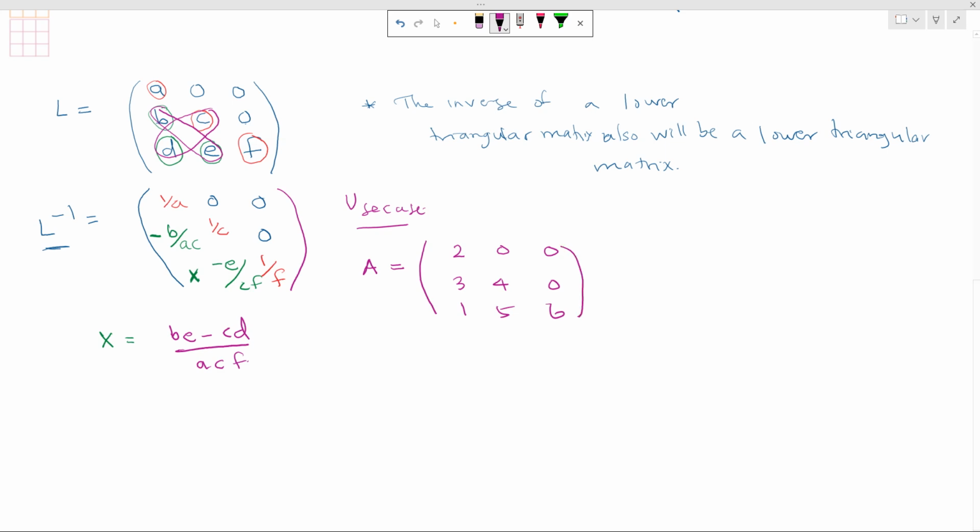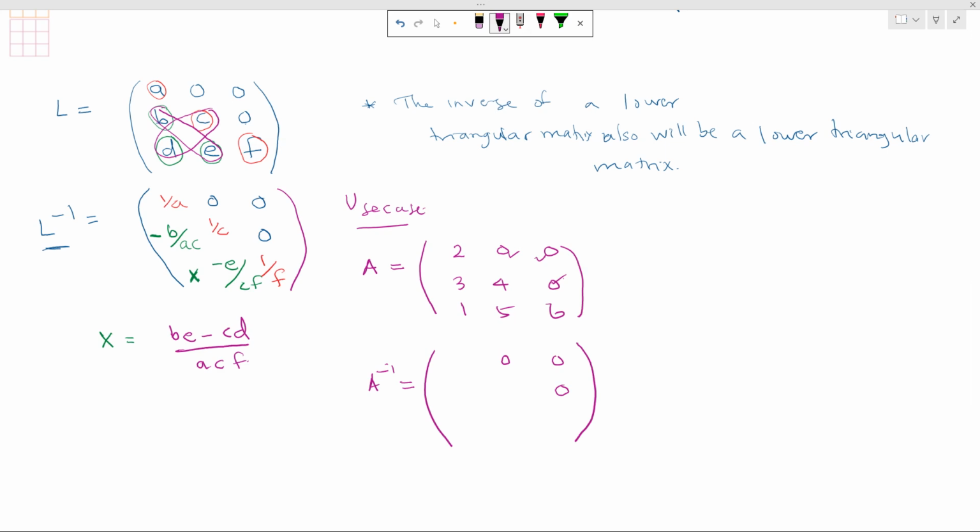In such a case we first have to make sure that the matrix given is a lower triangular matrix. So definitely this matrix is a lower triangular matrix. So the inverse also will be a lower triangular matrix. So I can write the entries corresponding to these zeros straightforwardly. So this will be 0, this will be 0, again this will be 0.